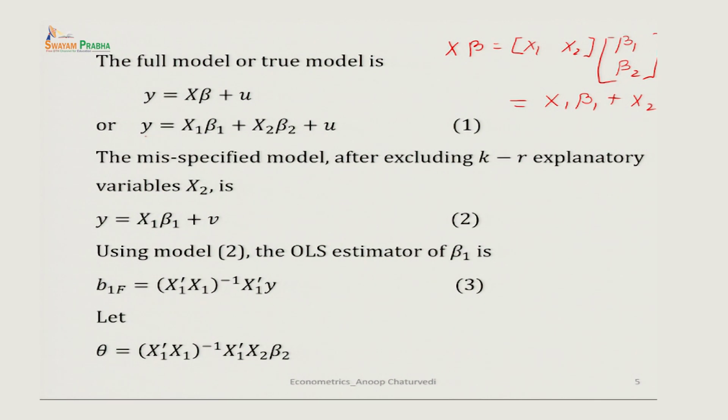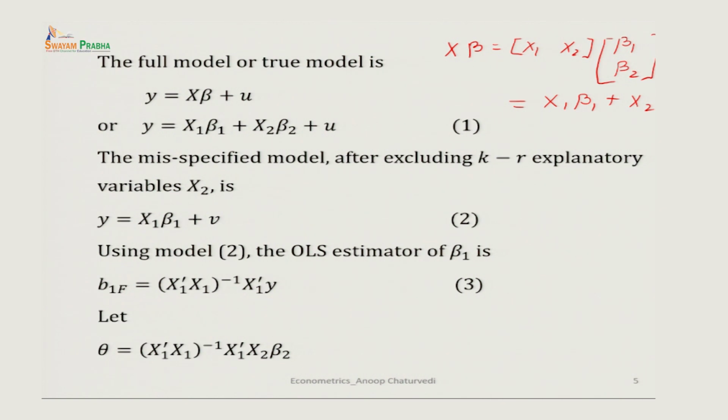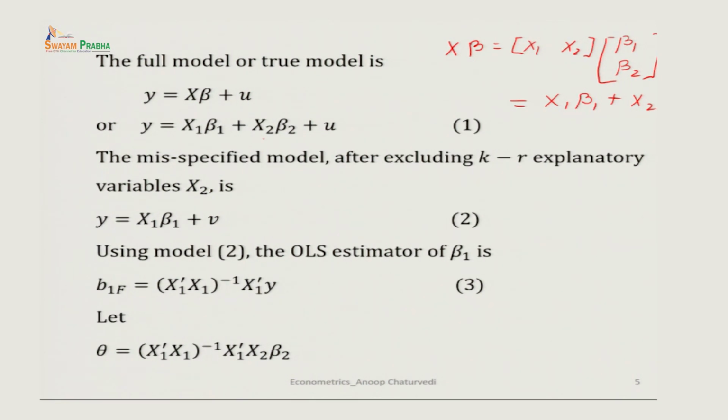So, you can write the model as y equal to X 1 beta 1 plus X 2 beta 2 plus u. Then you have excluded these k minus r explanatory variables X 2 from the model. So, the misspecified model after excluding these k minus r explanatory variables X 2 is y equal to X 1 beta 1 plus v.